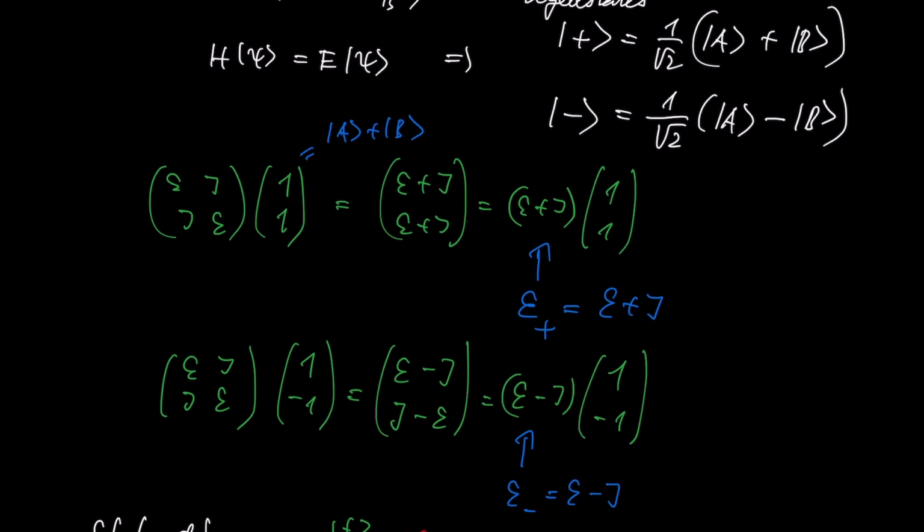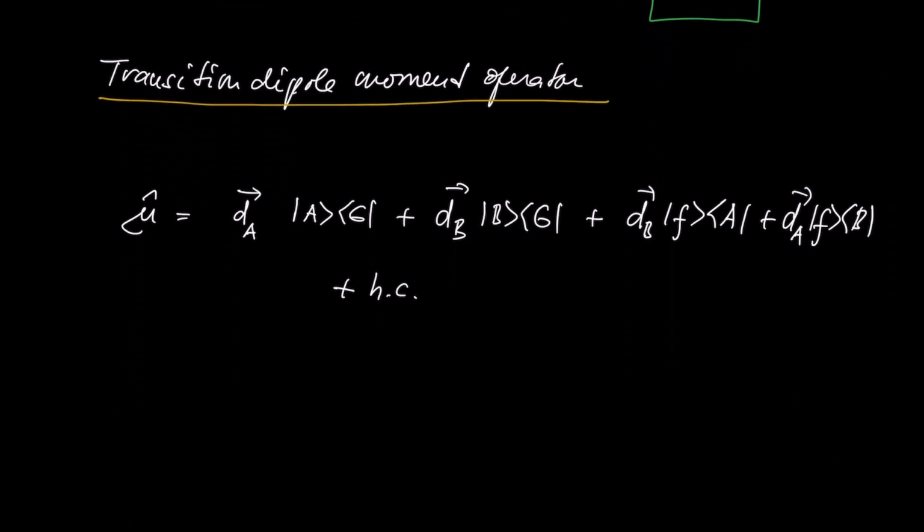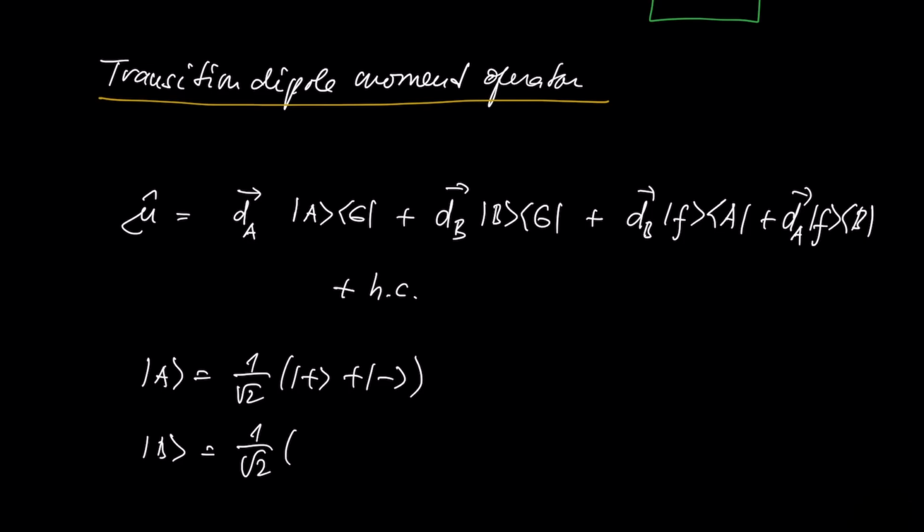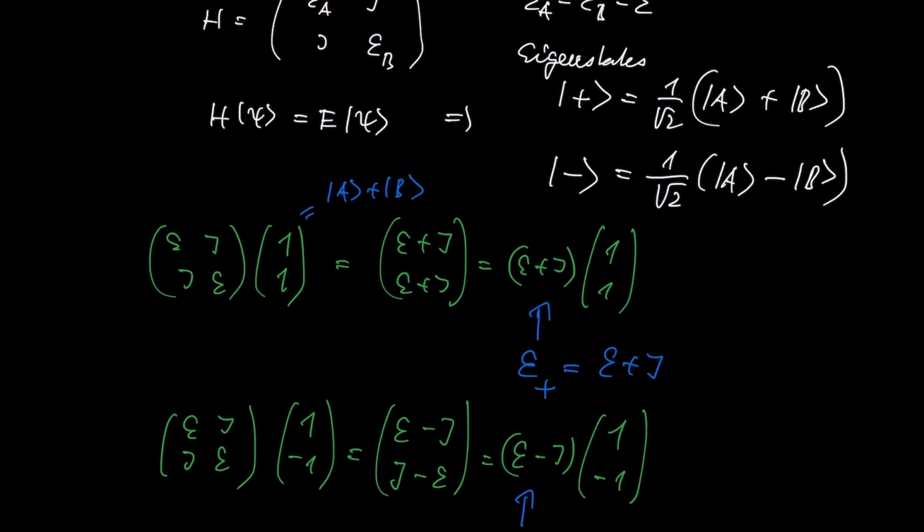So we can, for instance, see that when we add plus and minus states, we get the A state. So we know that the A state is 1 over square root of 2 plus minus, and correspondingly B is going to be, and now let's just get the order right.